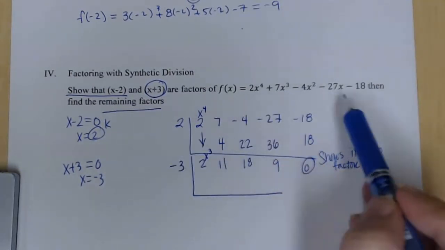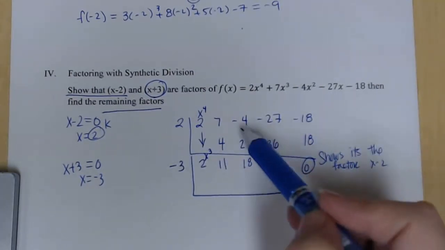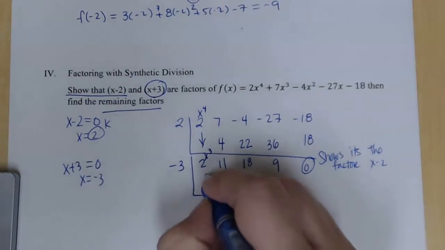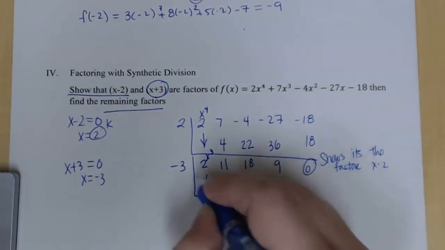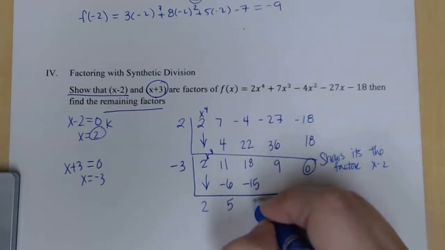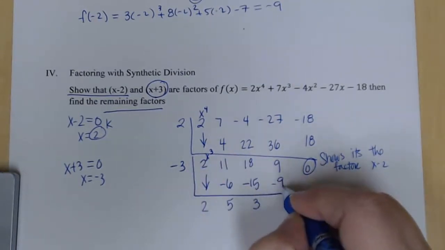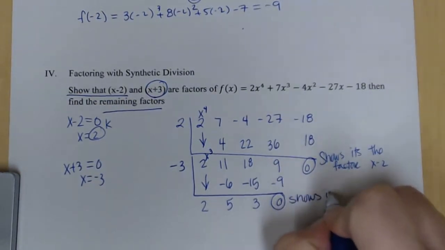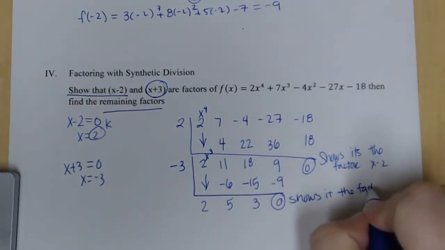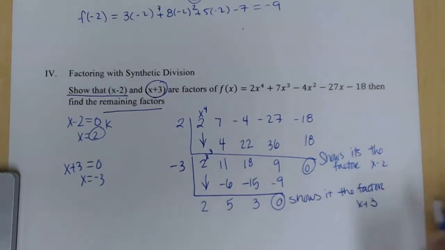You could go back up to the original, but it would not help you like just using your result. So I'm going to break this down: multiply, add, multiply, add, multiply, add. So again, this shows it's a factor of x plus 3.